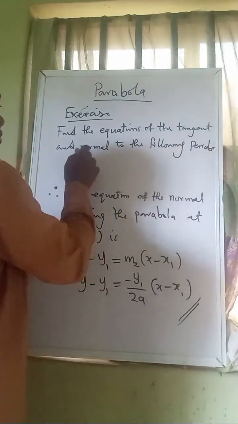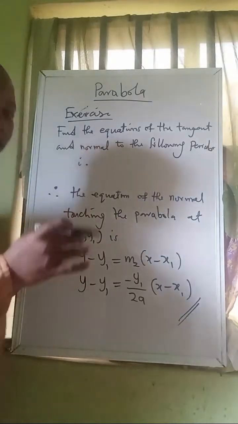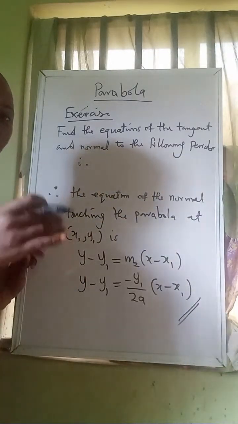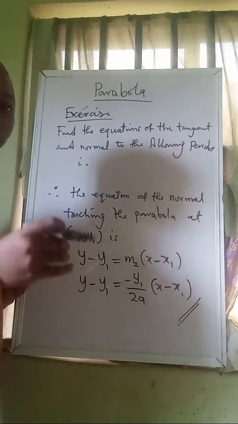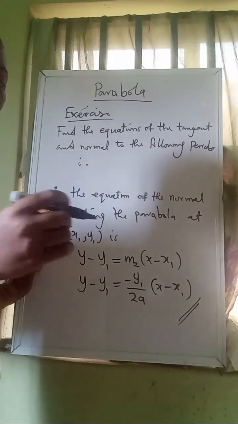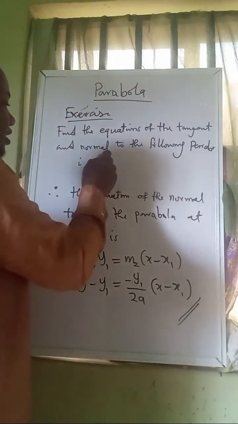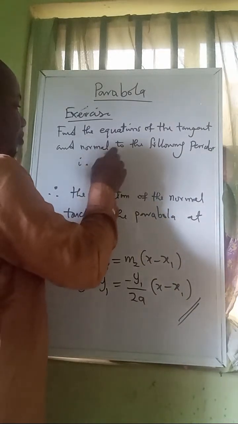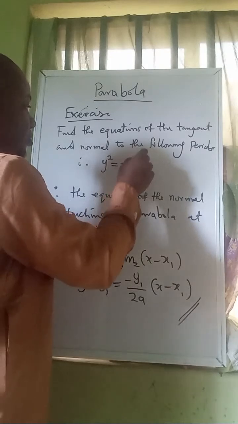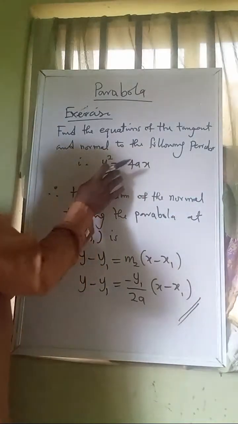So the first one, you will recall that the equation of tangent and normal that we have deduced is from a parabola y squared equal to 4ax. So in this case, we want you to find the equation of tangent and normal to this.